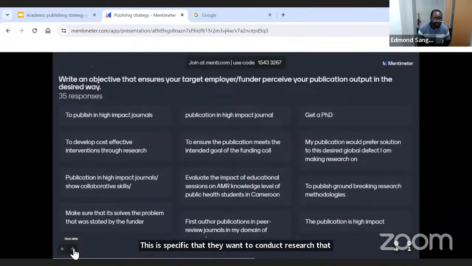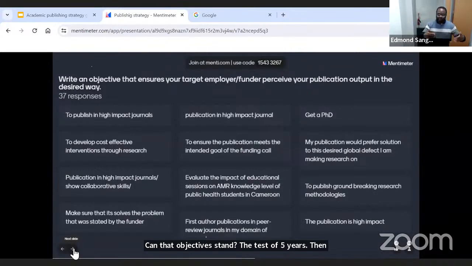Another one is saying to evaluate the impact of educational sessions on AMR. Now, what happens when your interest shifts from AMR in public health? Maybe you are now interested in something different about AMR. Can that objective stand the test of 5 years? Then someone says, make sure it solves the problem that was stated by the funder.